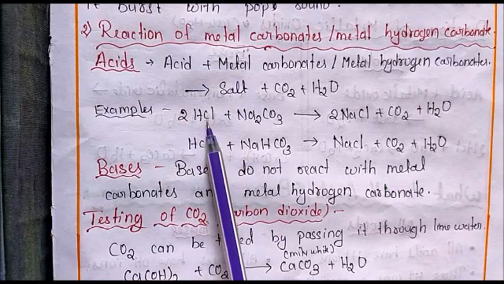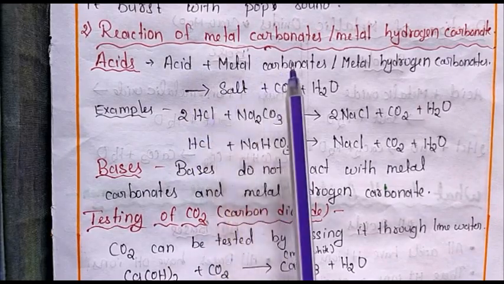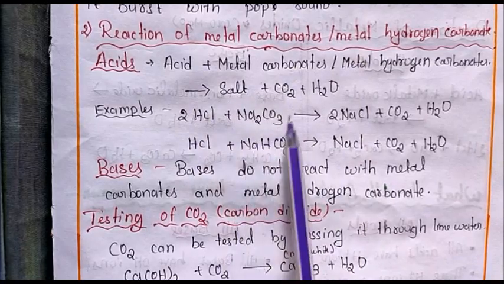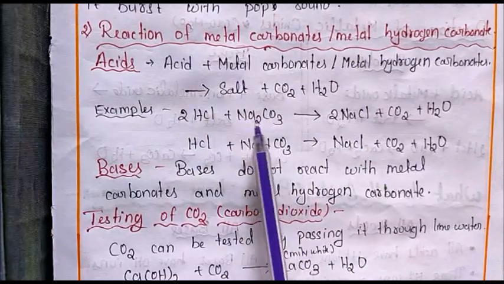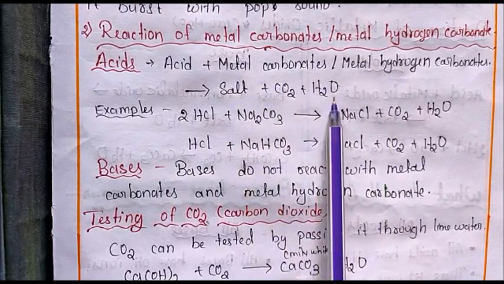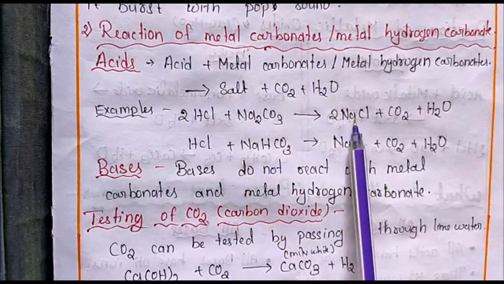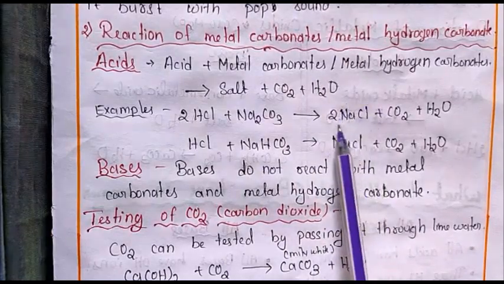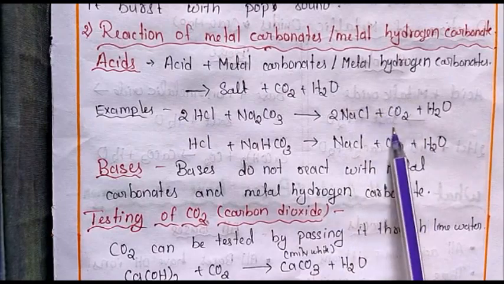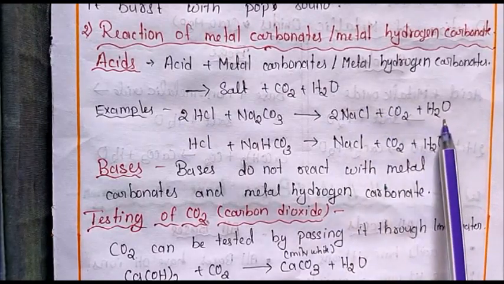HCl, hydrochloric acid, is an acid. Metal carbonate, Na2CO3, sodium carbonate. Sodium is a metal, this is a carbonate. What will it produce? Salt plus carbon dioxide plus water. Salt, NaCl, sodium chloride, the normal salt, plus carbon dioxide, CO2, plus water.